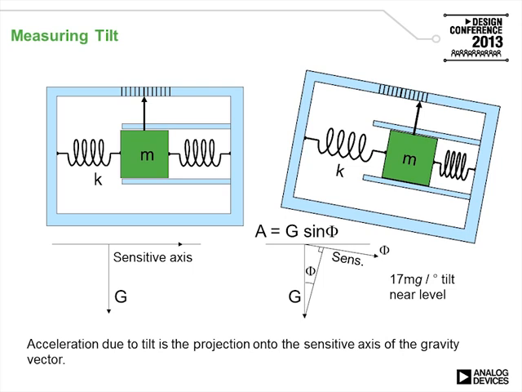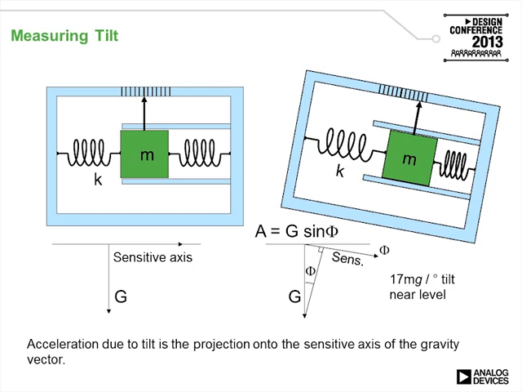So the two springs will be of the same length and will measure no displacement. As you tilt the accelerometer, you can kind of intuitively see that gravity will pull on the mass, pull it closer to one side and farther from the other. One spring will contract or compress, the other will expand, and we'll be able to measure some amount of displacement.